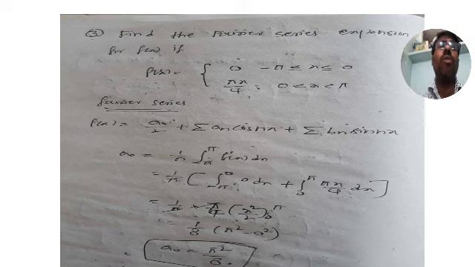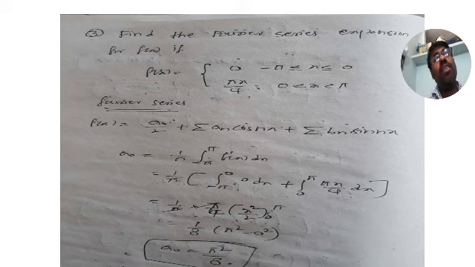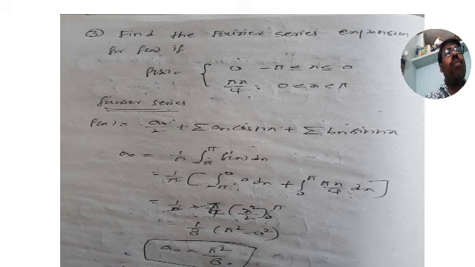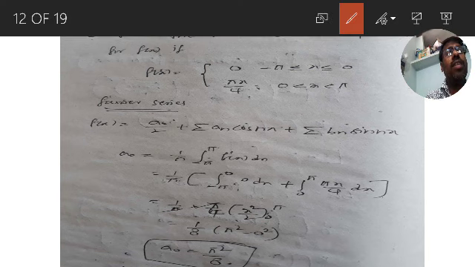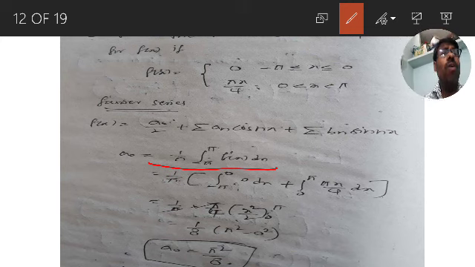First of all let us go for the a naught value. What is a naught? A naught is equal to 1 by pi integration minus pi to pi f of x into dx. But the function f of x is not the same on minus pi to pi. It is 0 from minus pi to 0 and pi x by 4 from 0 to pi.